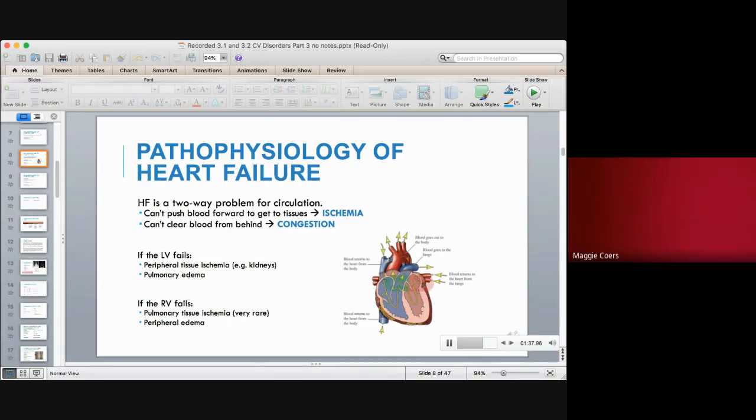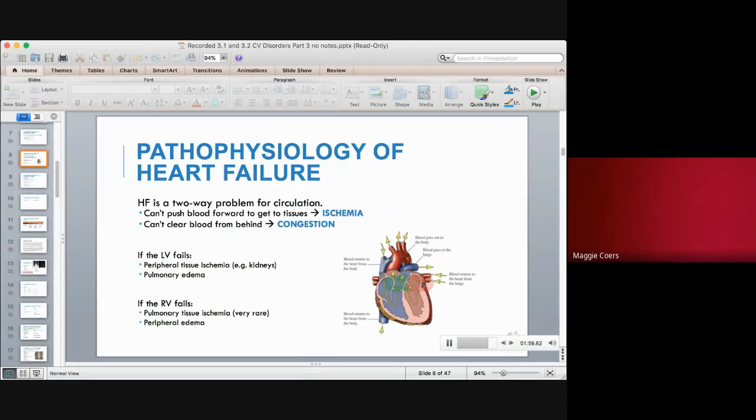because generally the issue is the blood stays behind in the pulmonary circuit, and we end up with a lot of edema. But the bigger issue in right ventricular failure is we get a backing up of fluid in other places in the body.